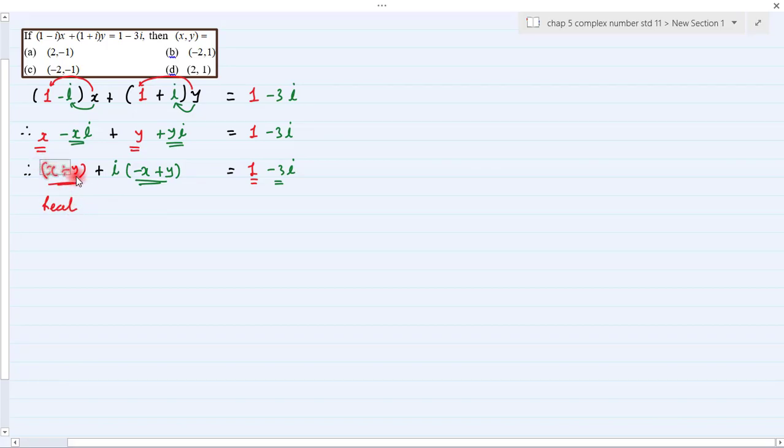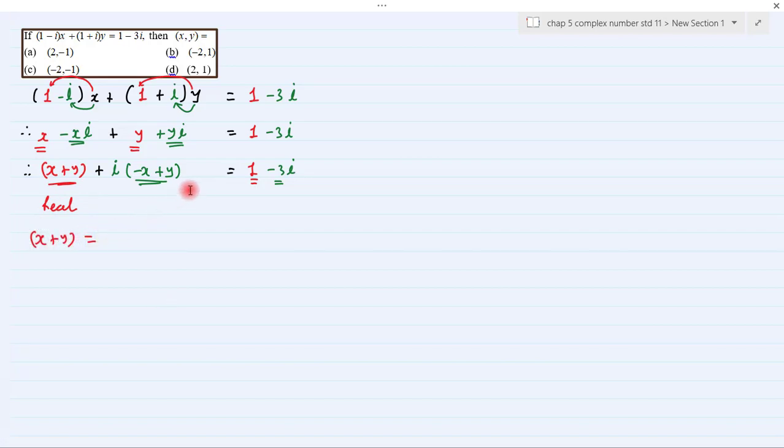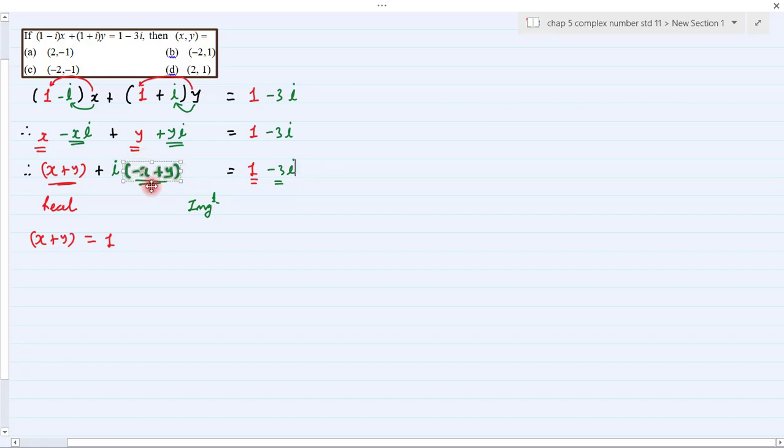The real part of the left hand side, which is x plus y, must be equal to the real part of the right hand side, which is 1. Similarly, it's time to compare the imaginary part. So we can say the imaginary part of the left hand side must be equal to the imaginary part of the right hand side, which is minus 3.